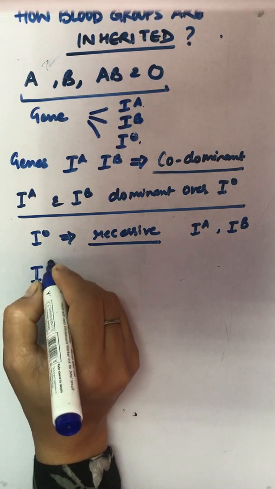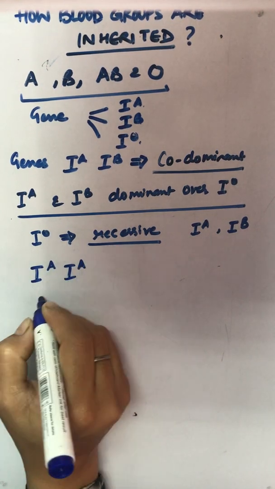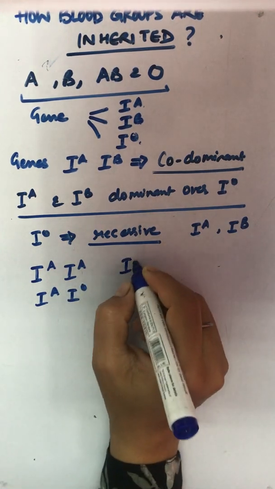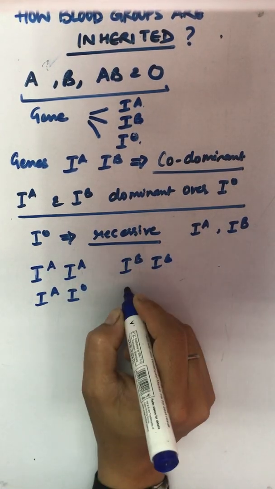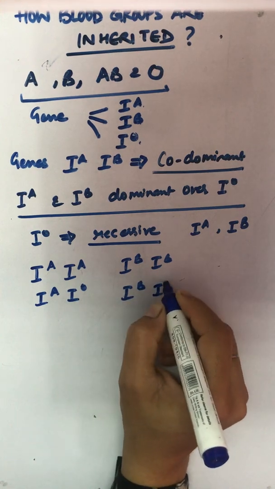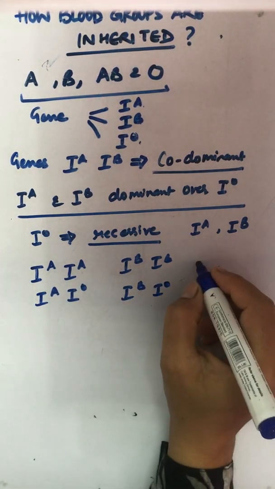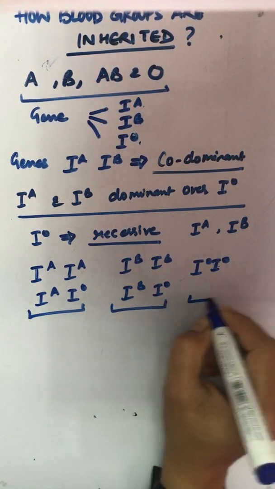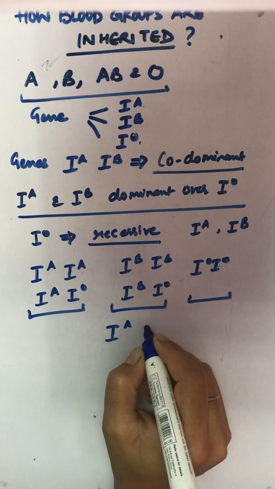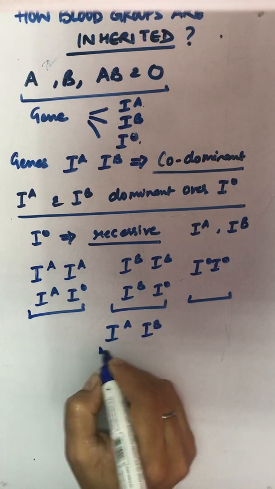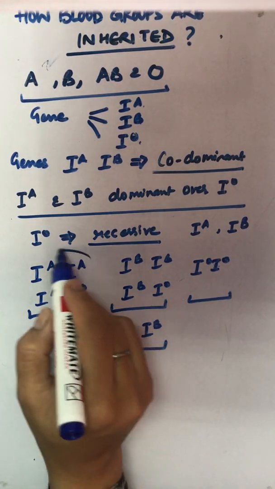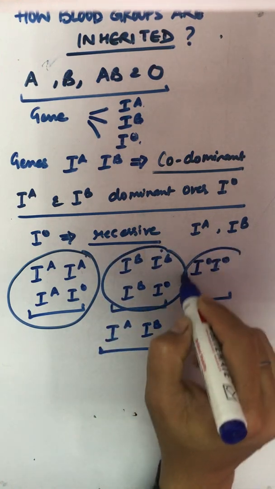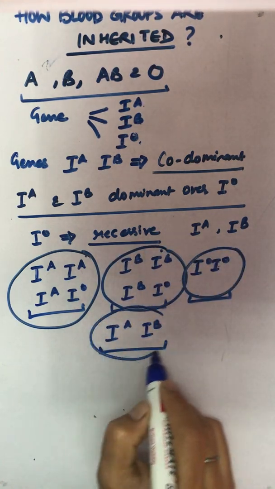The combination can be IAIA, IAIO, IBIB, IBIO, or it can be IOIO. Fourth option is IAIB. So on the basis of this we say blood group A, blood group B, blood group O, or blood group AB.